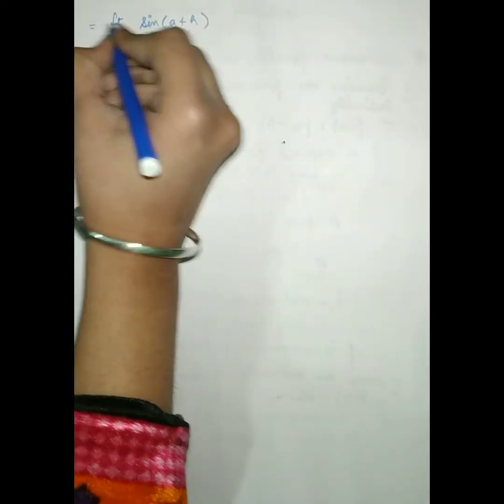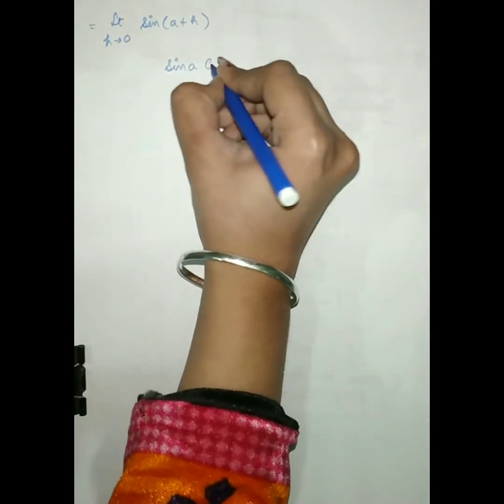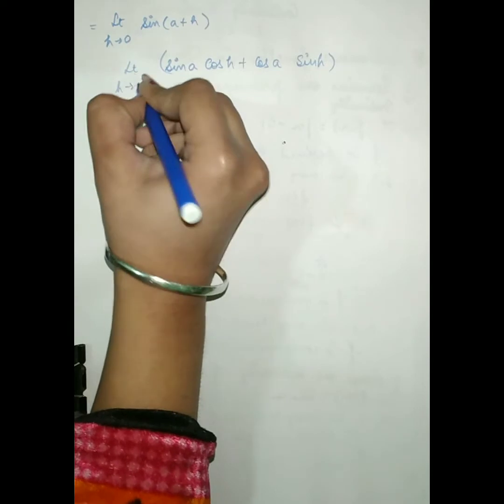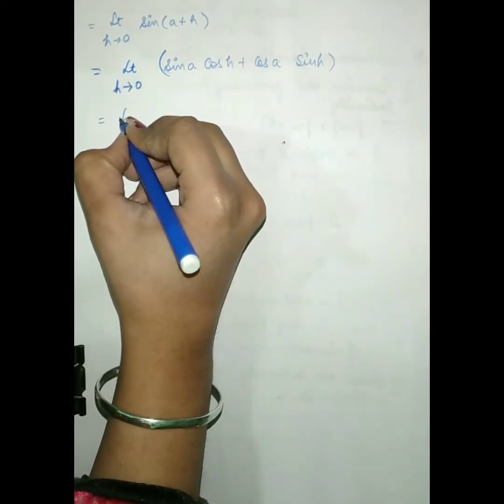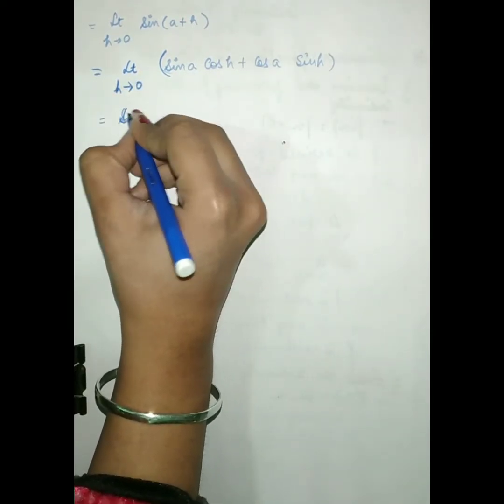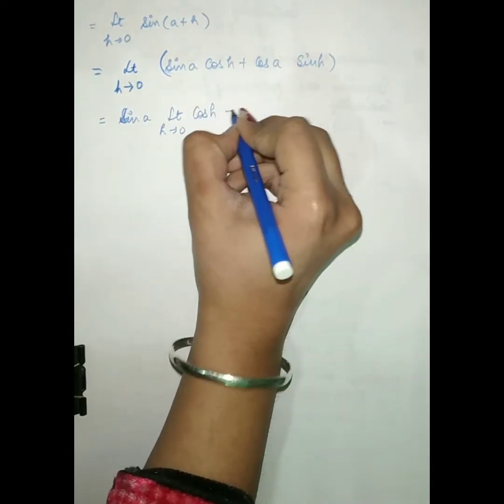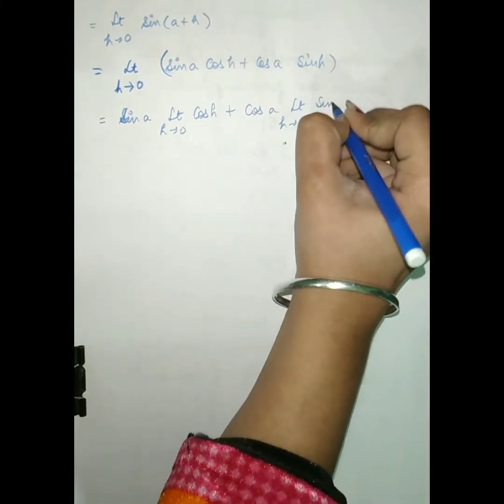It will become sine a cos h plus cos a sine h, since sine of a plus b equals sine a cos b plus cos a sine b, and limit remains as it is, limit h approaches to 0. Now we take the constant function outside, that means sine a limit h approaches to 0 cos h plus cos a limit h approaches to 0 sine h.